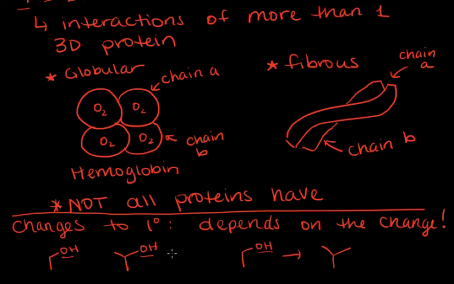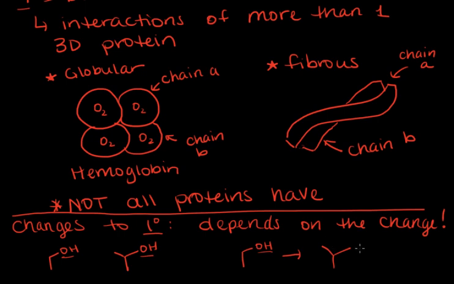It's just going to affect primary. Because if you're changing primary, it is tautological that primary will change. So just keep that in mind. So these types, hydrophilic to hydrophilic, hydrophobic to hydrophobic, not going to change anything else, just changes primary. These hydrophilic to hydrophobic, or vice versa, hydrophobic to hydrophilic, this would change all levels.